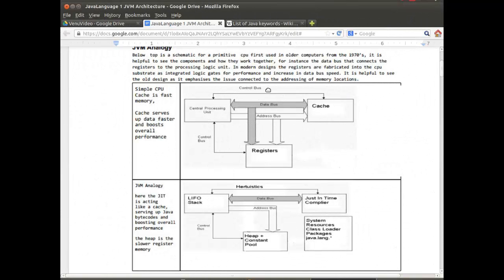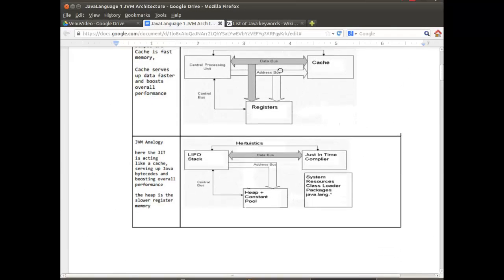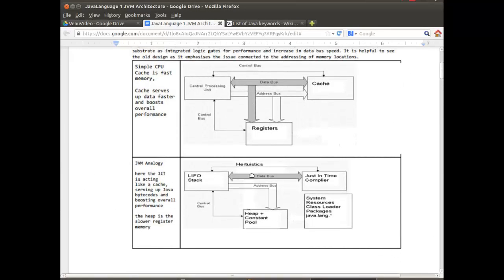So it's good to see the analogies between the parts of a simple computer and the Java virtual machine, or the virtual computer. So the cache is a special part of a simple computer to speed things up when the computer is running, and the analogy in the Java virtual machine is the just-in-time compiler, which speeds things up at runtime.